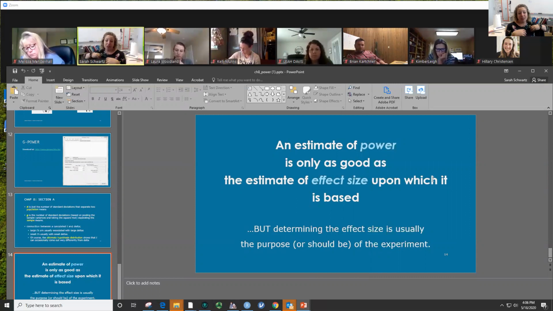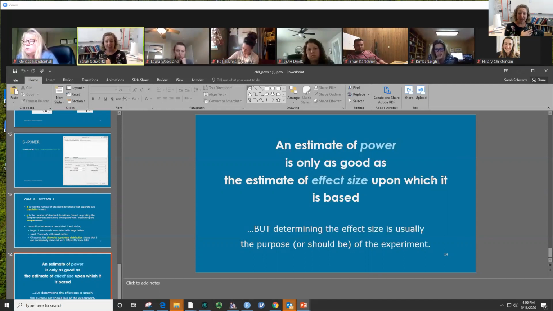So if you guess what the effect size is and plug it in and it says you need a sample size of 100 and you go get your data, that's only going to be enough if the effect size really is what you said it was going to be. So you want to be conservative and careful when you do effect size power analysis.